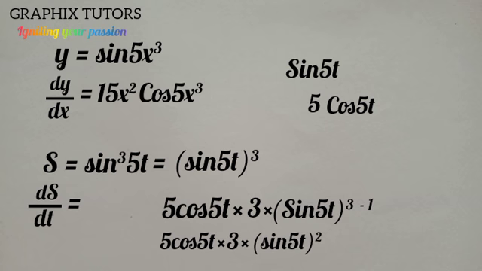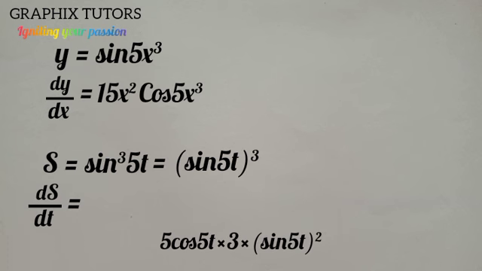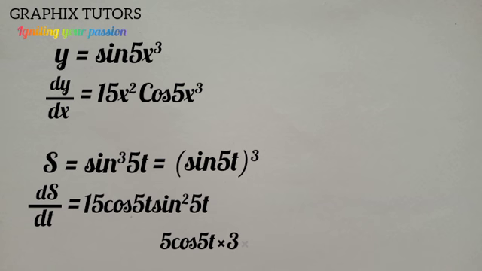But you see the 5 in front of the cos 5t and the 3 in front of the sine 5t, you can multiply them. So 5 times 3 is 15. So we have 15 cos 5t sine 5t all squared. I can decide to move the square and put it here. Nothing changes, it's still the same thing. So this is the derivative of sine cube 5t.